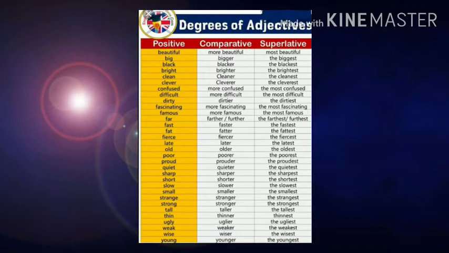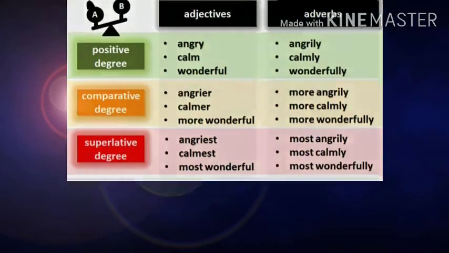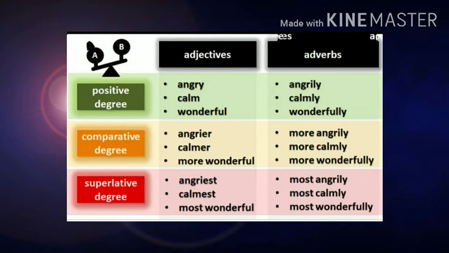Likewise, we have to understand how the degrees of comparison will change along with your adjectives and adverbs. Let's see a few examples of how these adverbs and adjectives are changed according to the degree of comparison. For example, in your positive degree, if I say angry as an adjective, in adverbs it will be angrily.